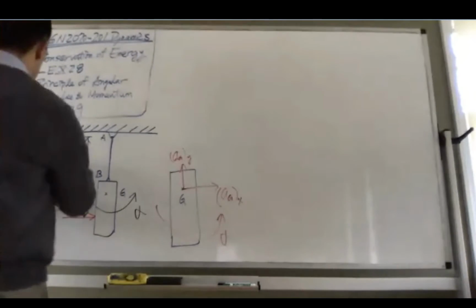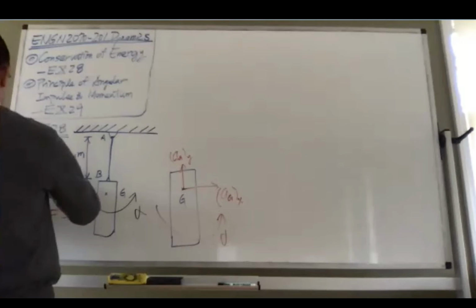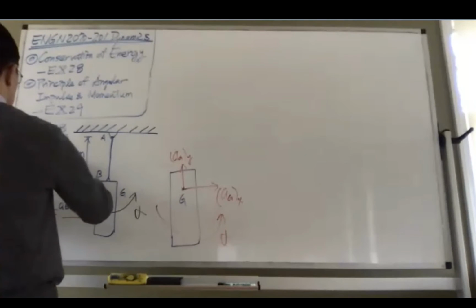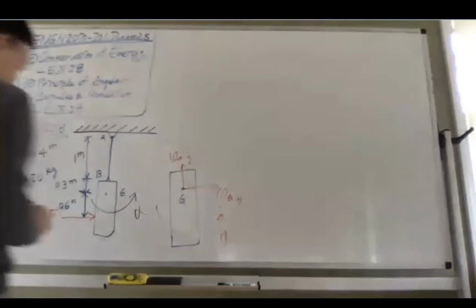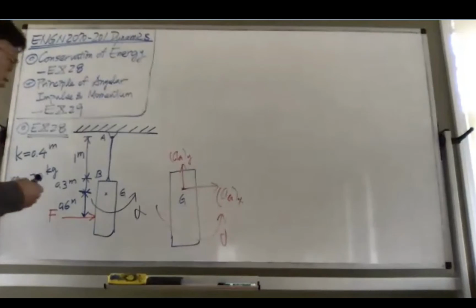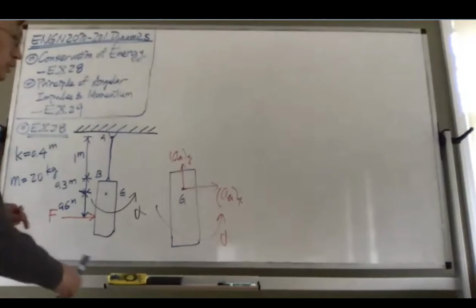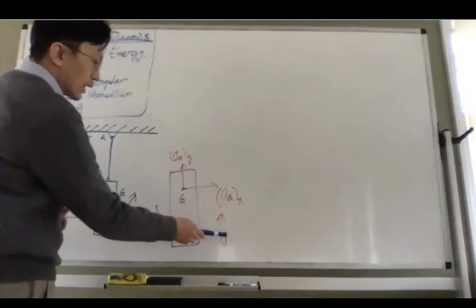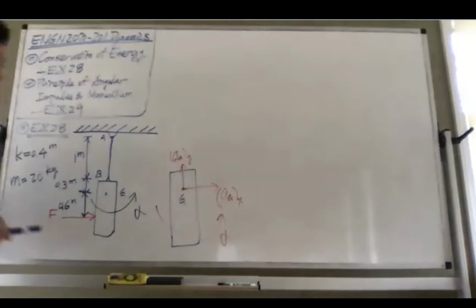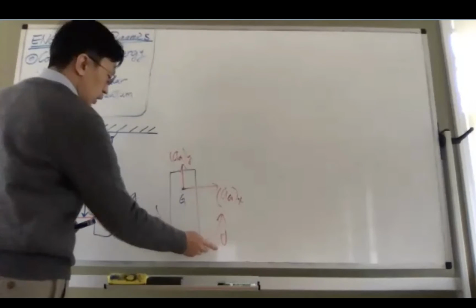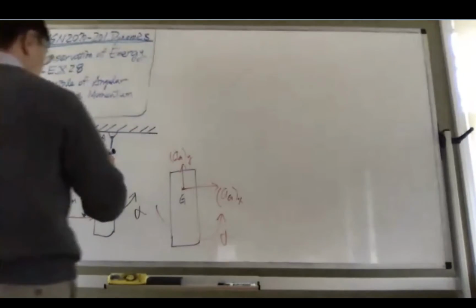The punch bag has a mass of 20 kilograms. So there are two things we want to know. First of all, what is the angular acceleration of this punch bag? That's what we want to know.